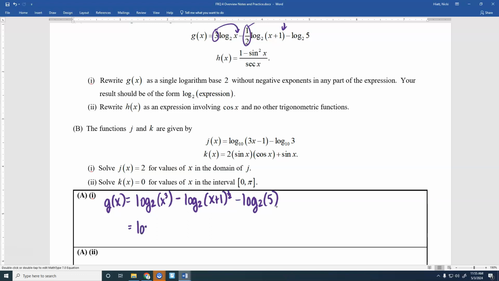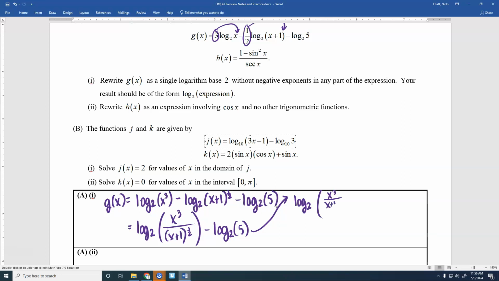So we're going to do log base 2 of x to the third over x plus 1 to the 1/2, minus log base 2 of 5, and then we're going to do division again. So we'll have log base 2 of x to the third over x plus 1 to the 1/2, divided by 5.